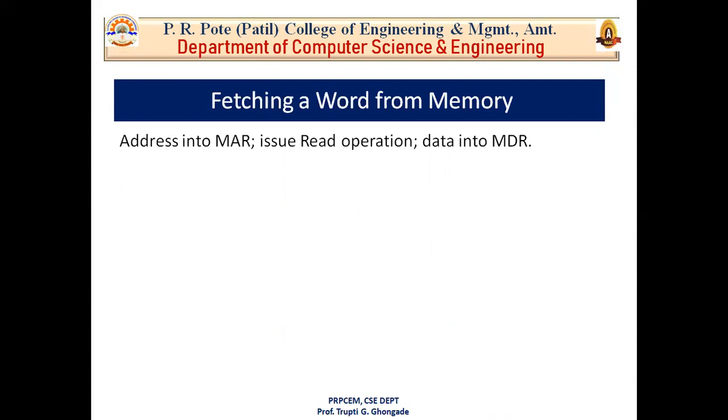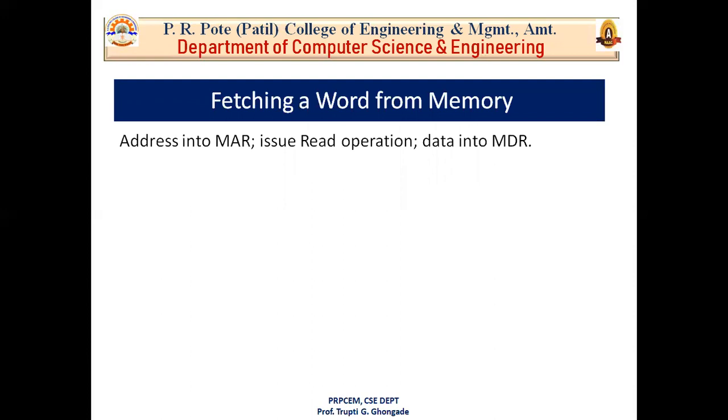To fetch a word of information from the memory, first the processor has to specify the address of the memory location where this information is stored. After that, the processor will request a read operation. This applies whether the information to be fetched represents an instruction in a program or an operand specified by an instruction.